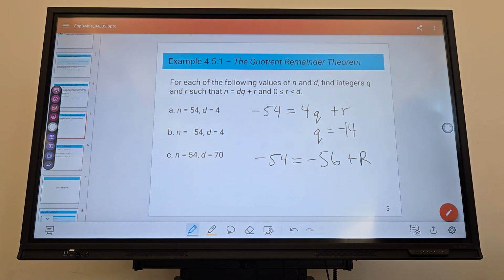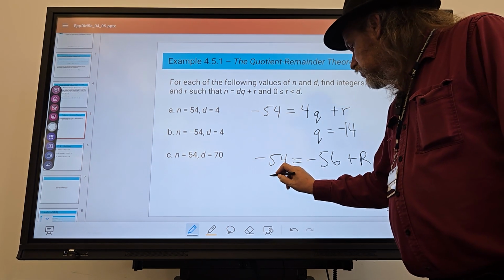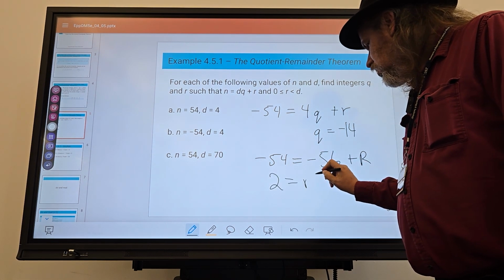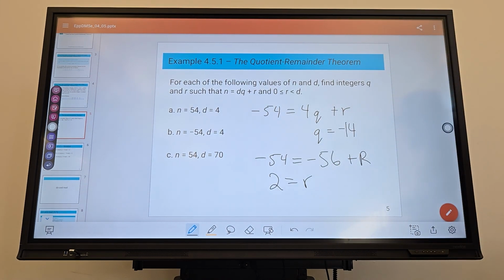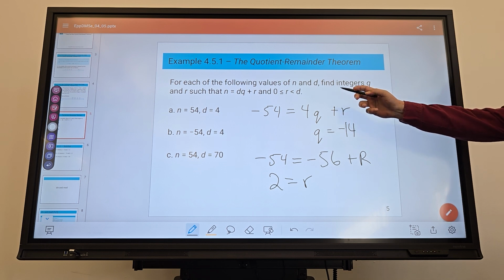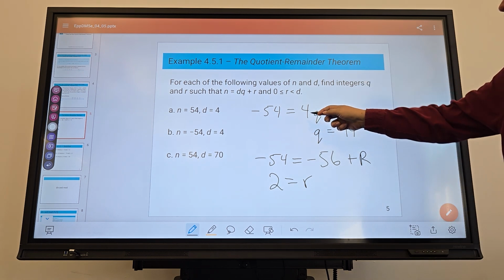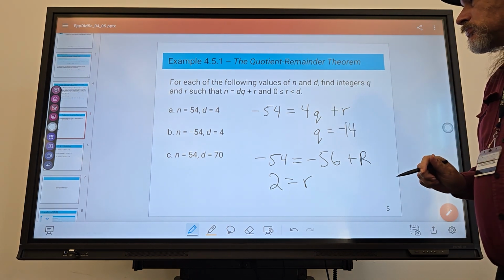Add 56 to both sides, and you end up with 2 equals r. Right? So you're just below the negative 54, so that r does not exceed the d value. All right?